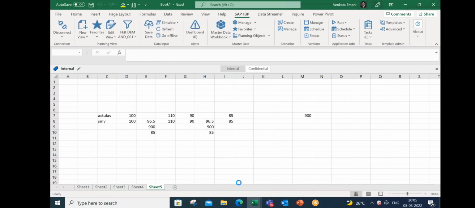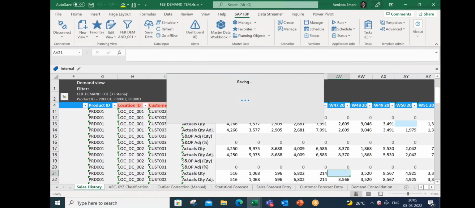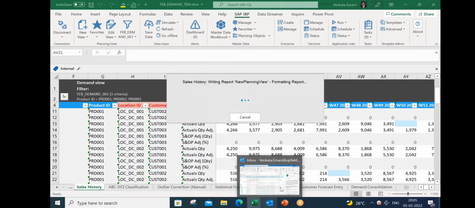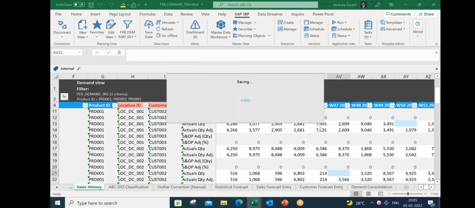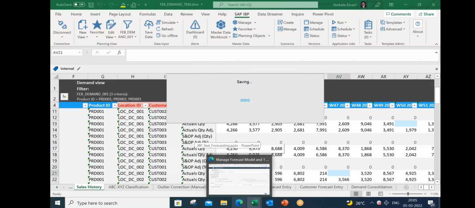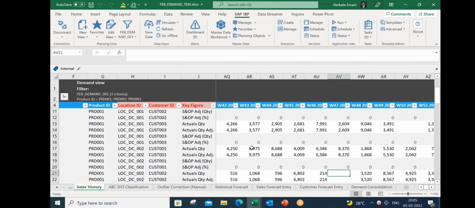Let's wait a minute so that it gets saved. Yeah, it is saved now.